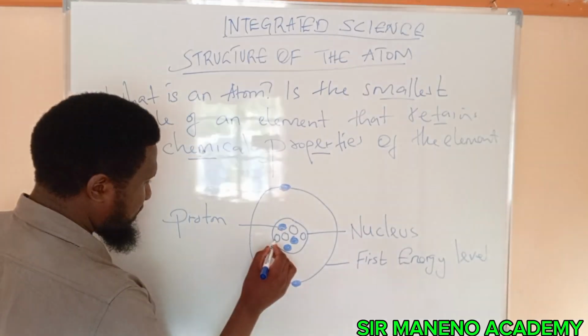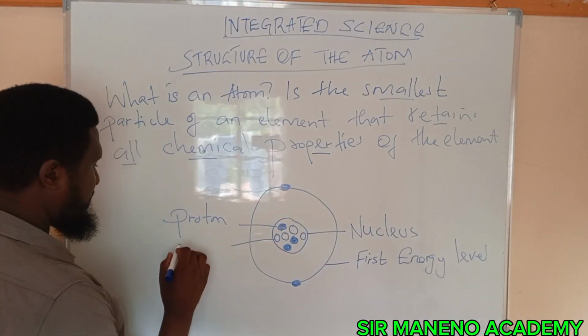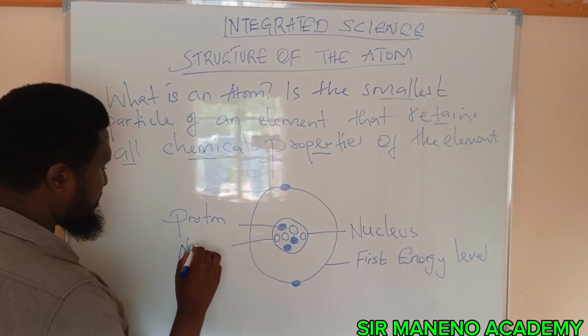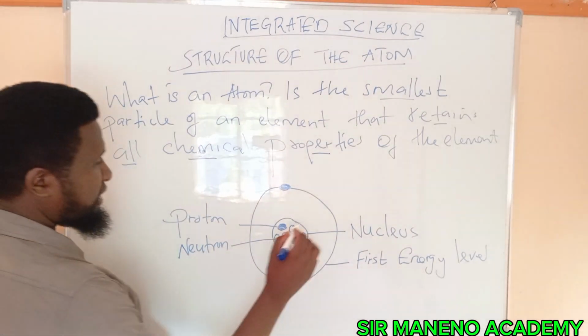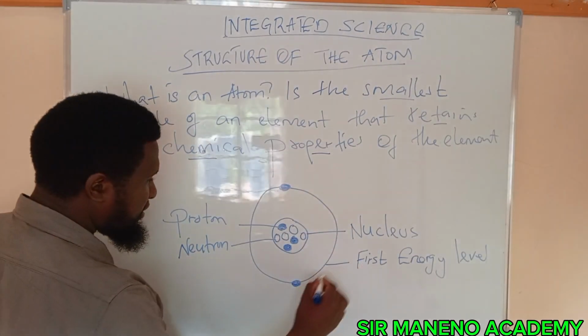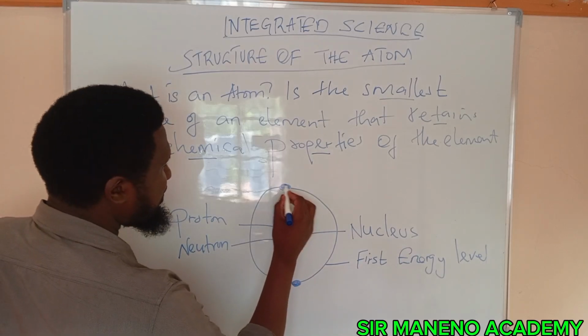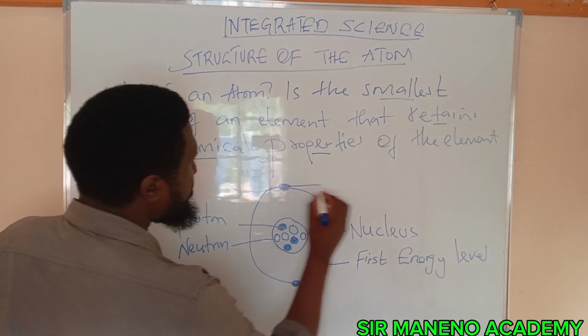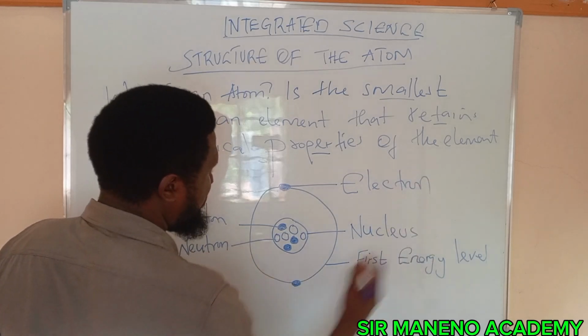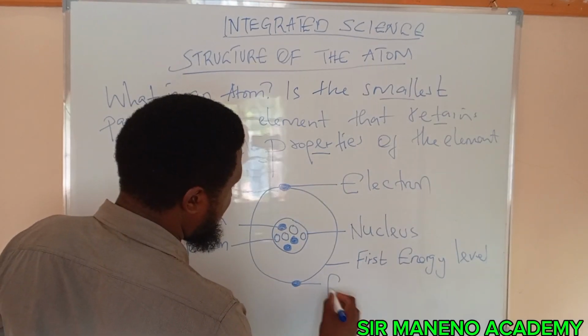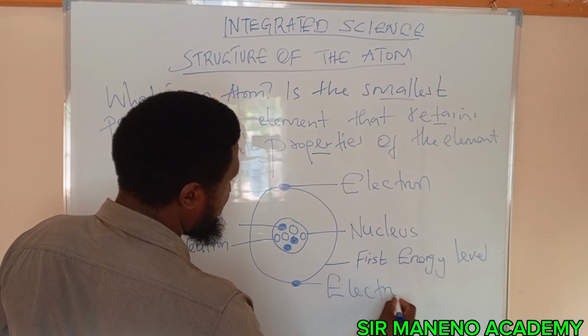This one is neutron. We call it neutron. Now, on this first energy level, we have this subatomic particle also called electron. And we also have another one here. This is also another electron.